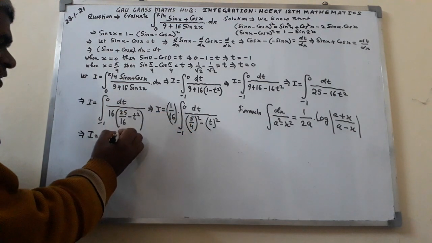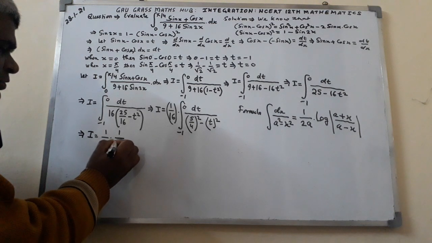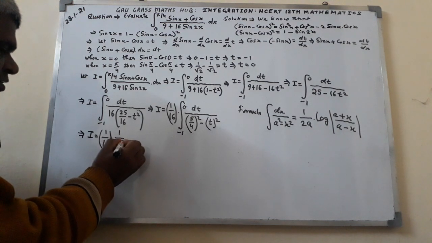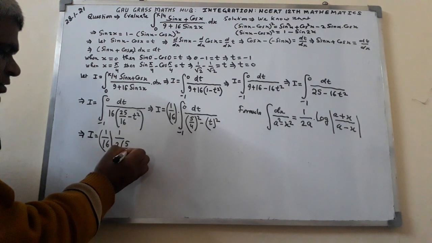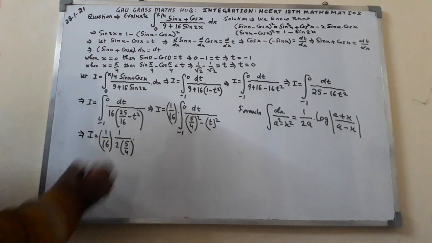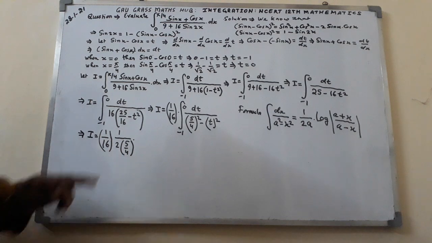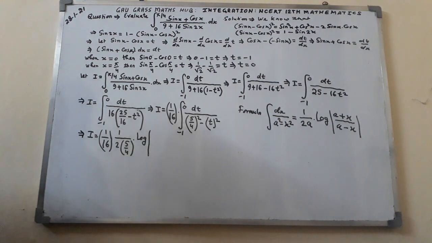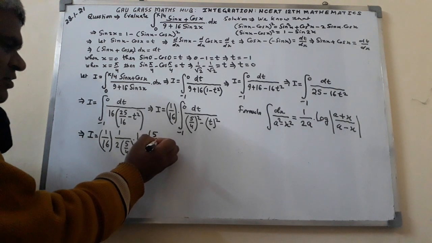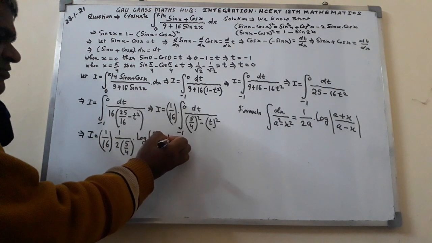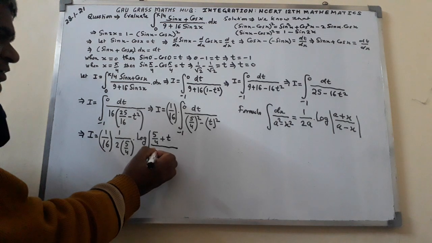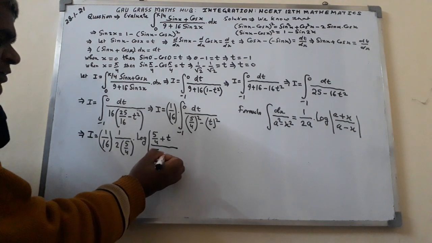So here I shall write 1 over 2a, log mod, in place of a I shall write 5 over 4 plus t whole over 5 over 4 minus t.